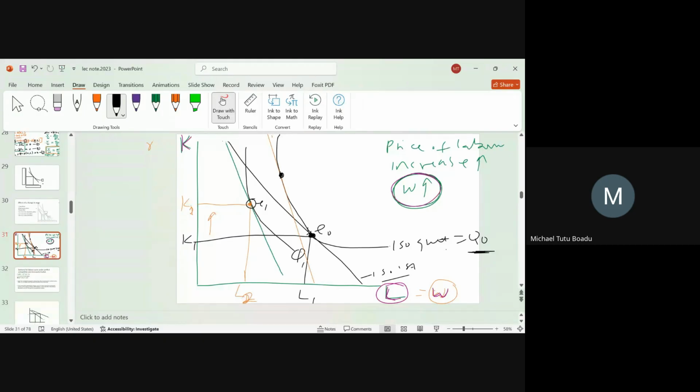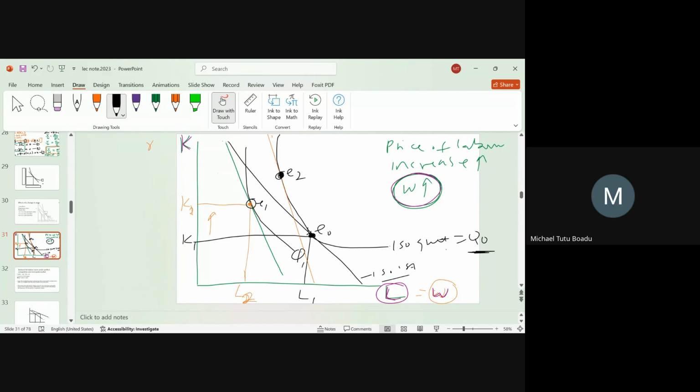So whether the firm chooses to produce at this point, let's call that E2, or it chooses to produce at E0, it is producing the same quantity Q0. Just as in utility, points on the same indifference curve indicate the same level of utility.